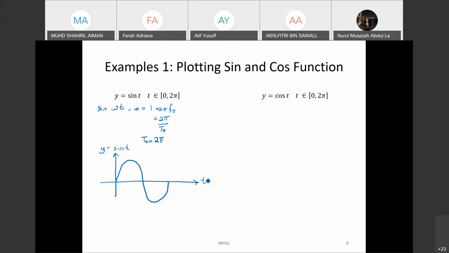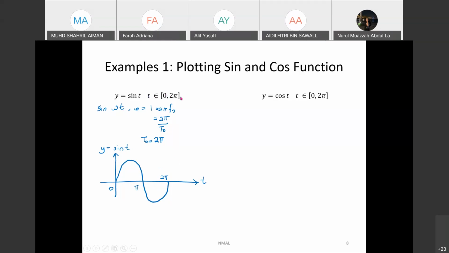This is t. So t naught is 2 pi, so the whole duration here is 2 pi. This is how you know the duration of the signal. And this is pi. You cannot draw further than this 2 pi because it is given that t is just from 0 to 2 pi.